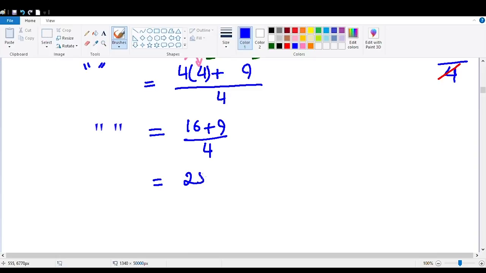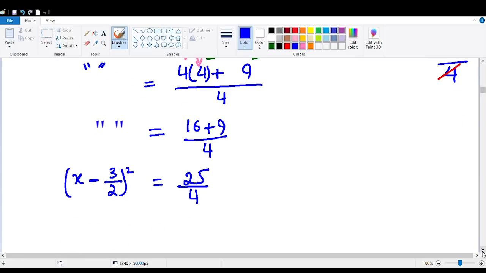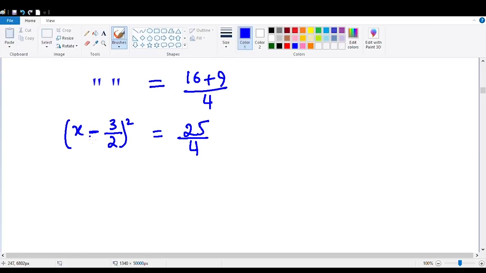Now we're going to write that. We got x minus 3 over 2, I believe, and it was the whole square. Let's just check. Yeah, x minus 3 over 2 whole square. Now, to get the value of x, we need to take the square root on both sides so that we can send this to the other side.